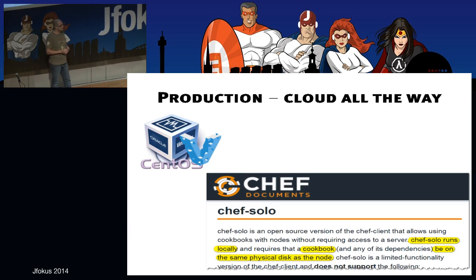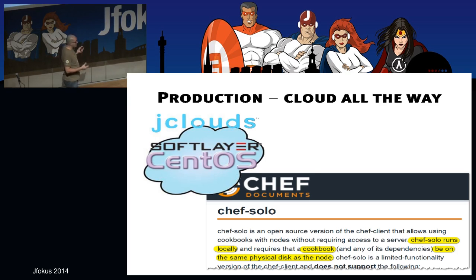But we have a problem, and this is Chef Solo, as we already mentioned. Chef Solo runs locally on the machine, but now we don't have a VirtualBox machine. Instead, we have the machine in the cloud. It runs the same CentOS. For provisioning we use jclouds, an abstraction above our cloud provider, in order to avoid being locked in and be able to switch to another one if this doesn't fit us anymore.